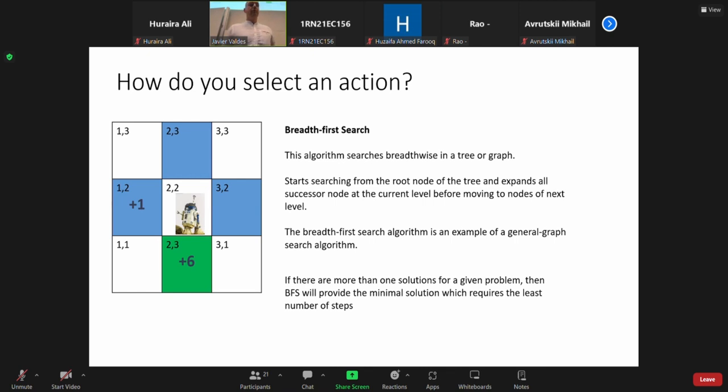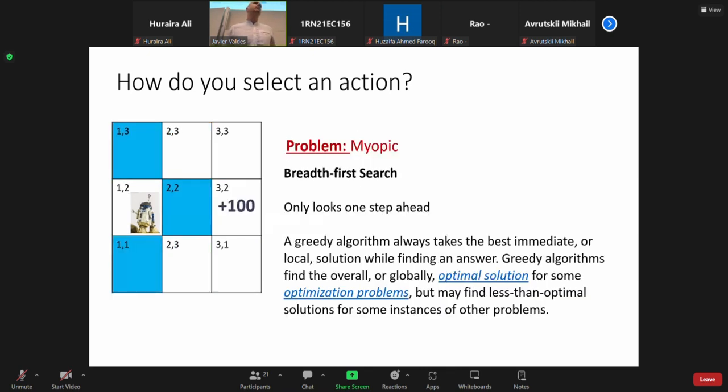Let's look into this problem. What do we do now? I know the problem that I have with breadth first search is that I'm going to be looking to the problem now, and I cannot assess.